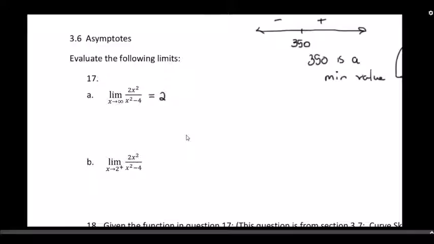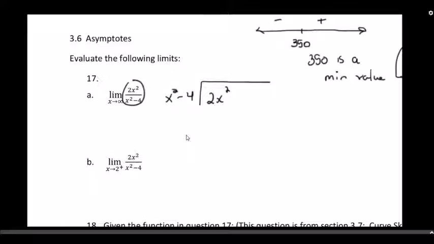Now there's another way we could approach this. We could, and this is something you would have practiced in 1050, do long division: 2x squared divided by x squared minus 4.